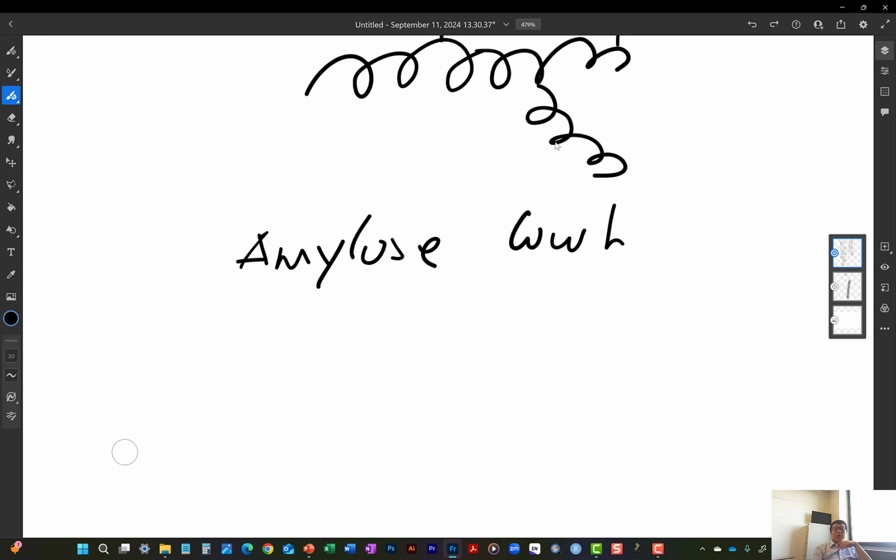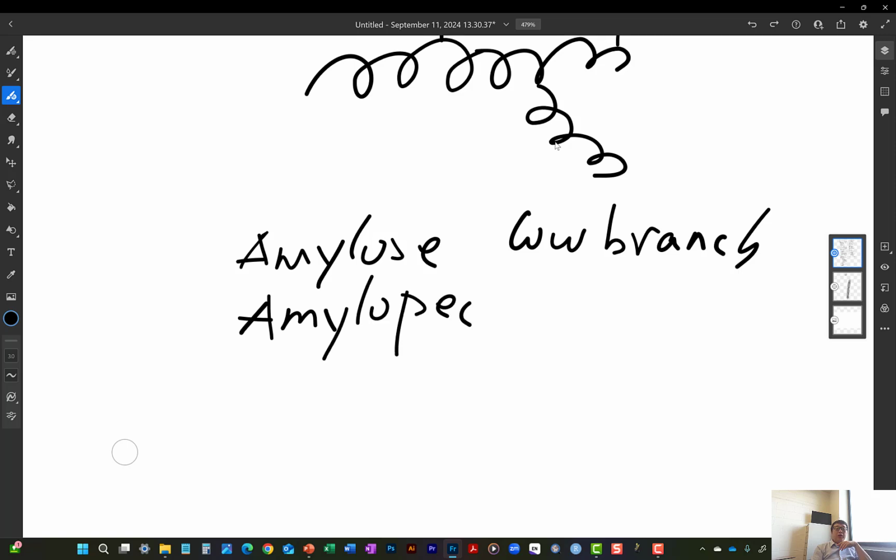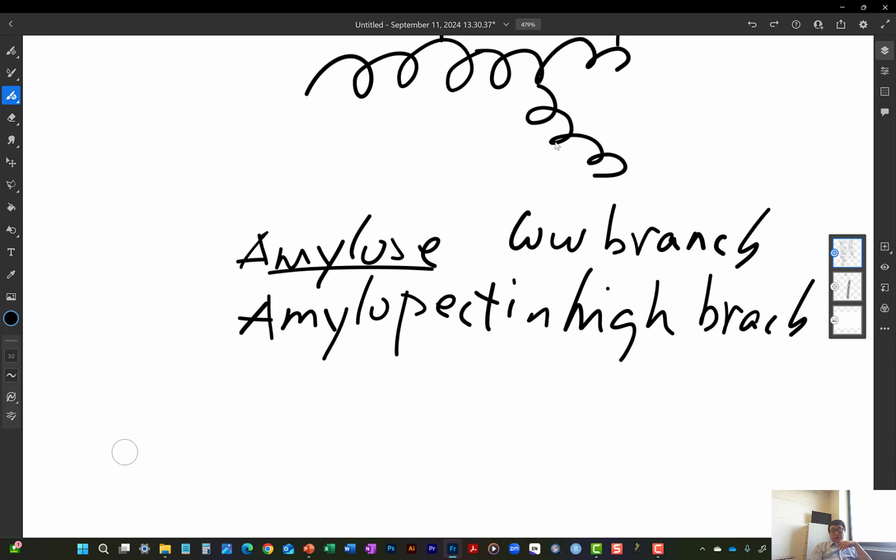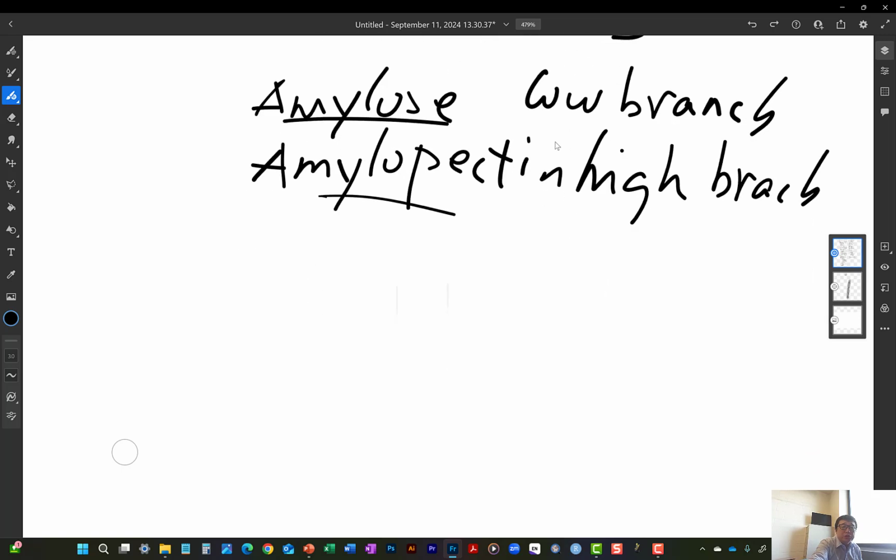Another type of starch, called amylopectin, has high branching. Amylose is not sticky. Amylopectin is more sticky. Different rice, like sushi rice, is more sticky than jasmine rice because it has more amylopectin. So this is starch.